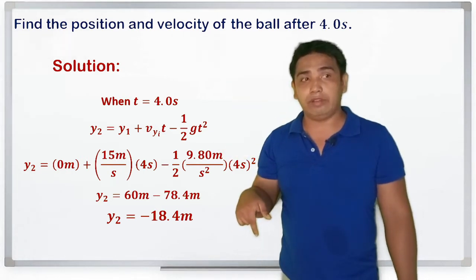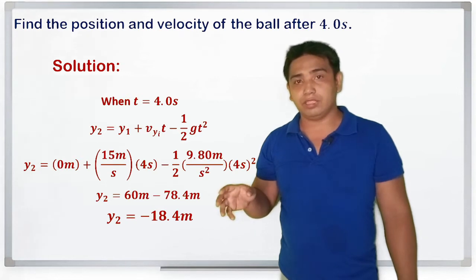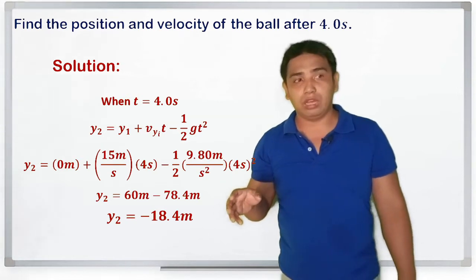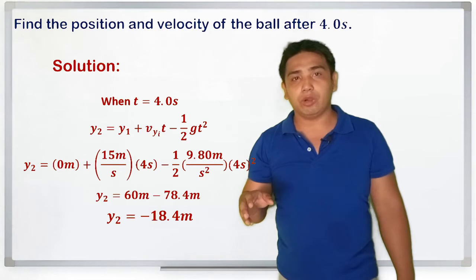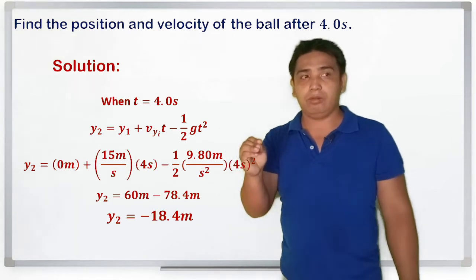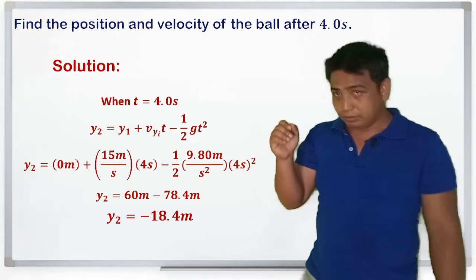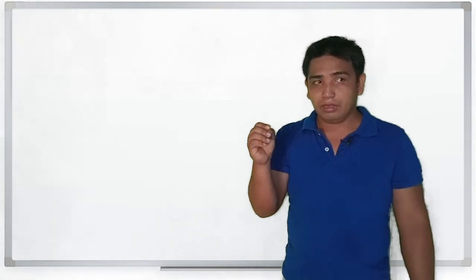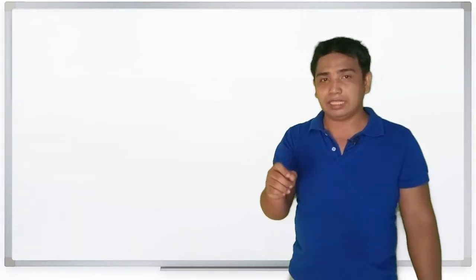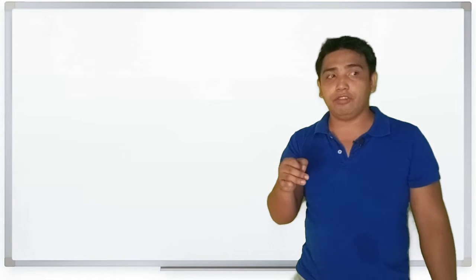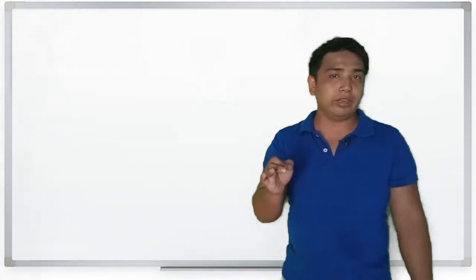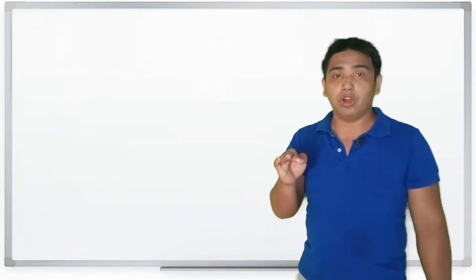So you will have 18.4 meters away from you, and that's downward, so you are going to affix the sign negative. So that's the importance of setting up the axis in the right direction, because if you have set the axis in the wrong direction, you will get wrong answers.